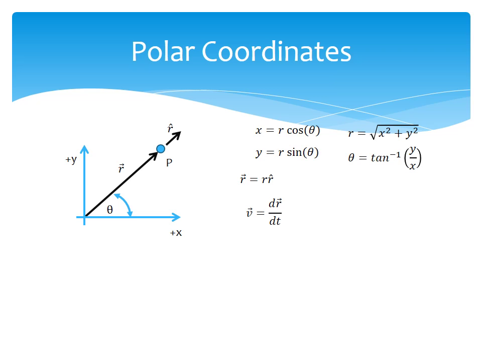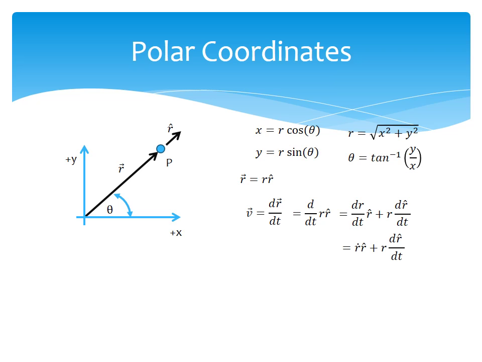By definition, a velocity is the derivative of our position vector with respect to time. So I'm going to take the derivative of our polar position vector. If I do that, I apply the product rule, and I get the derivative of the magnitude of r times the unit vector r hat, plus r times the derivative of the unit vector r hat.